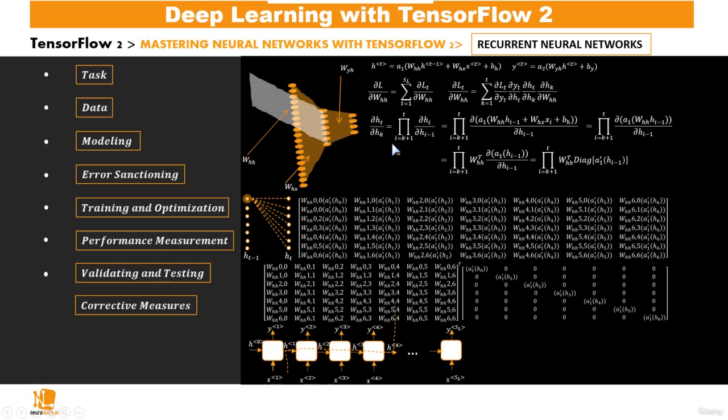Previously, we had shown that the partial derivative of a hidden layer with respect to a previous hidden layer is given as the product of these two matrices, where i is given from k plus 1 to t. So we're moving from, say for example, this hidden layer to this hidden layer where we have t equals 4 and k equals 1.